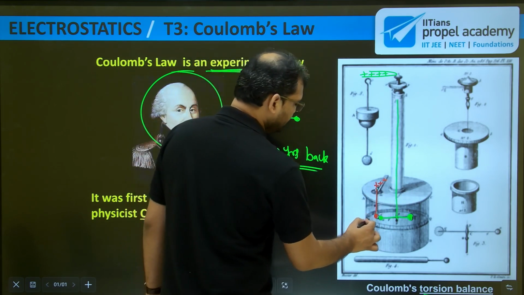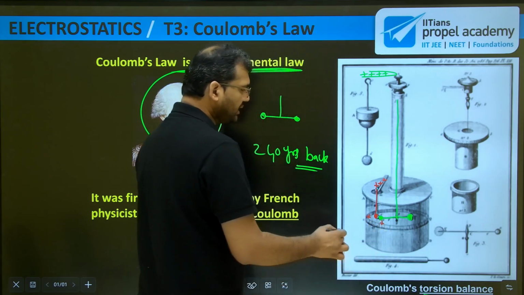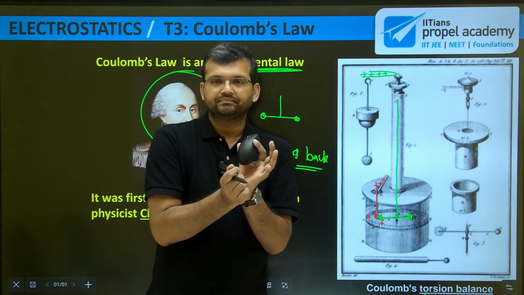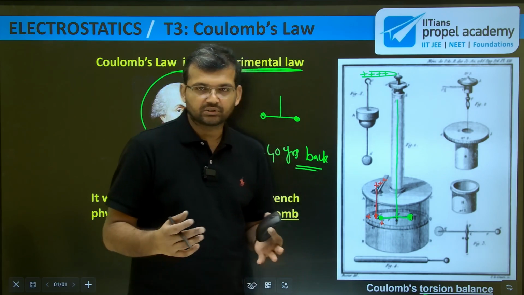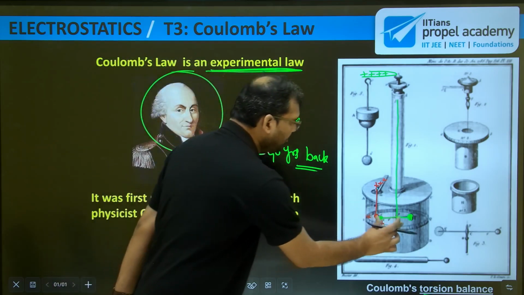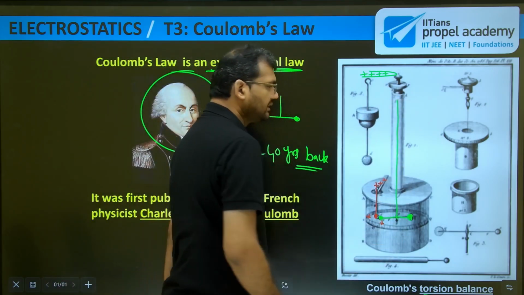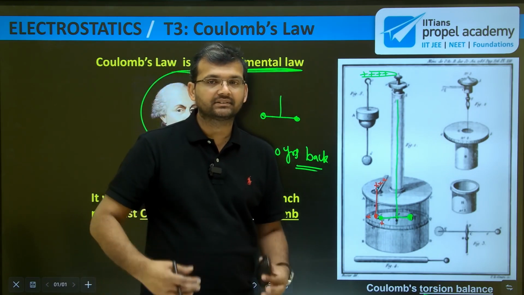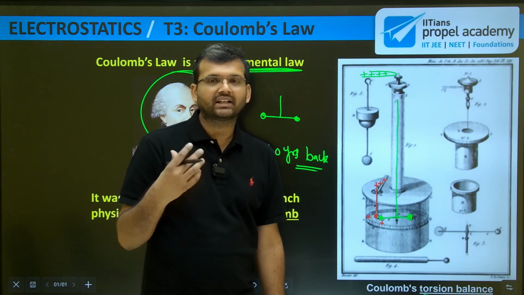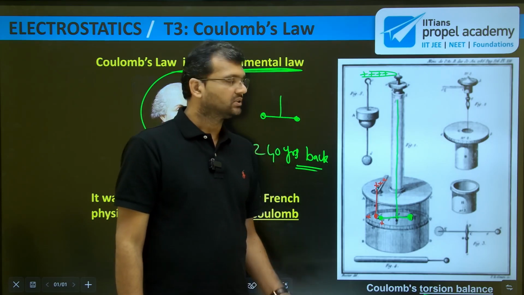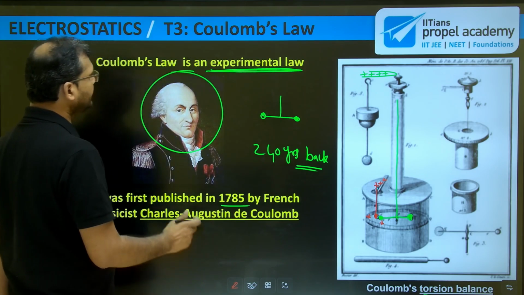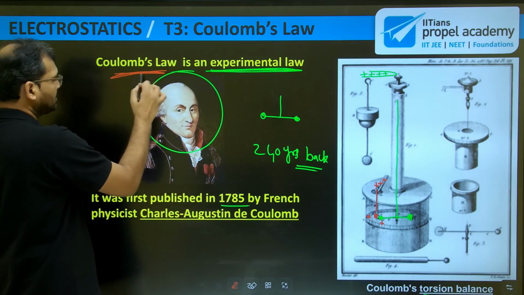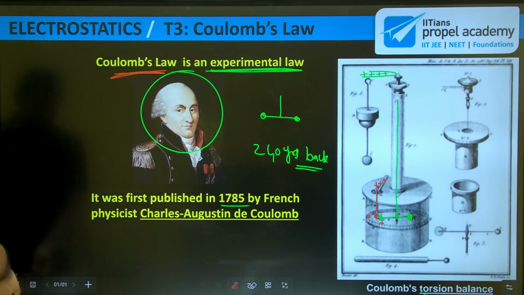Now if both are positive, what will happen? The spheres will oppose each other, which means the twisting will happen in this thread cable. So, the higher the twist, the higher the force of repulsion. Based on this, he gave the law that is called Coulomb's law.